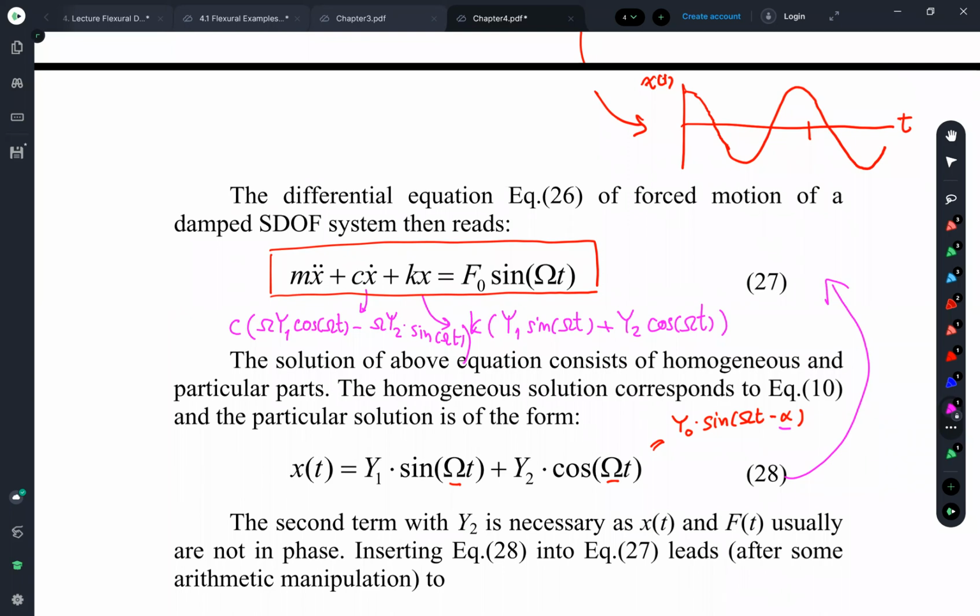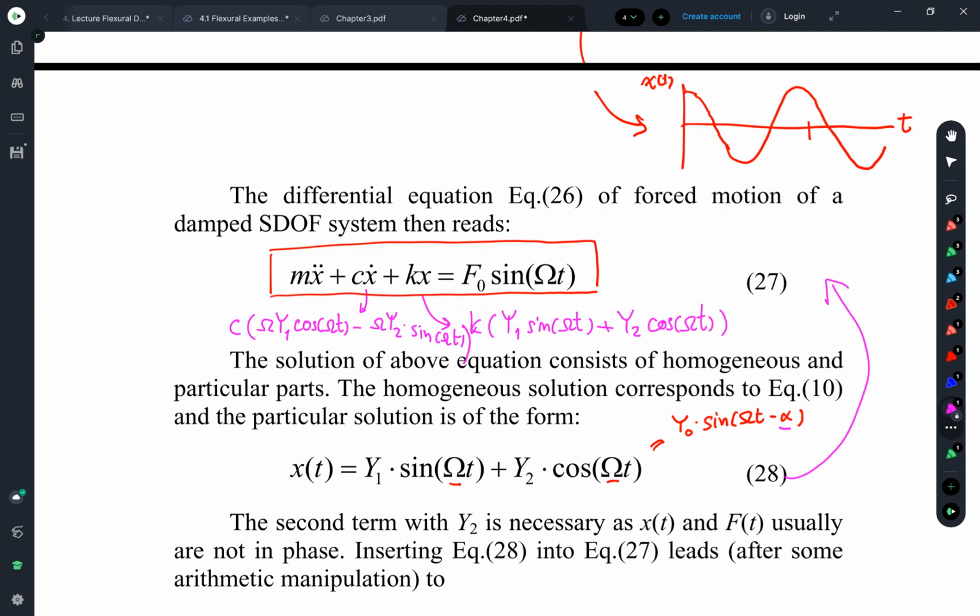Every term that contains cosine big omega t needs to be 0, and every term that contains sine big omega t needs to equal f0, because the right hand side is f0 multiplied with sine big omega t.